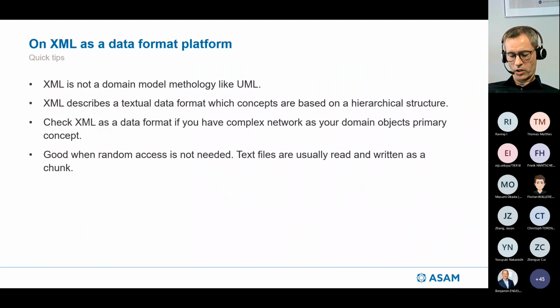I've worked with a couple of XML parsers and big XML files, and still XML files are usually written and read as a chunk. That's also the only way to validate them, to read them as a whole, and then decide, is it valid or is it not?